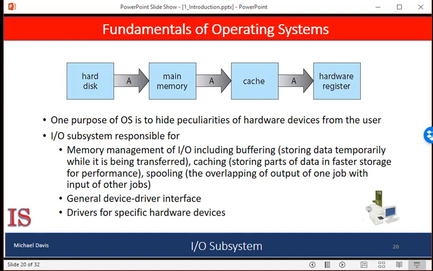In a hierarchical storage structure, the same data may appear in different levels of the storage system. For example, suppose that an integer that is to be incremented by 1 is in file B, and file B resides on the hard drive. The increment operation proceeds first by issuing an I/O operation to copy the disk block on which the integer resides to main memory.